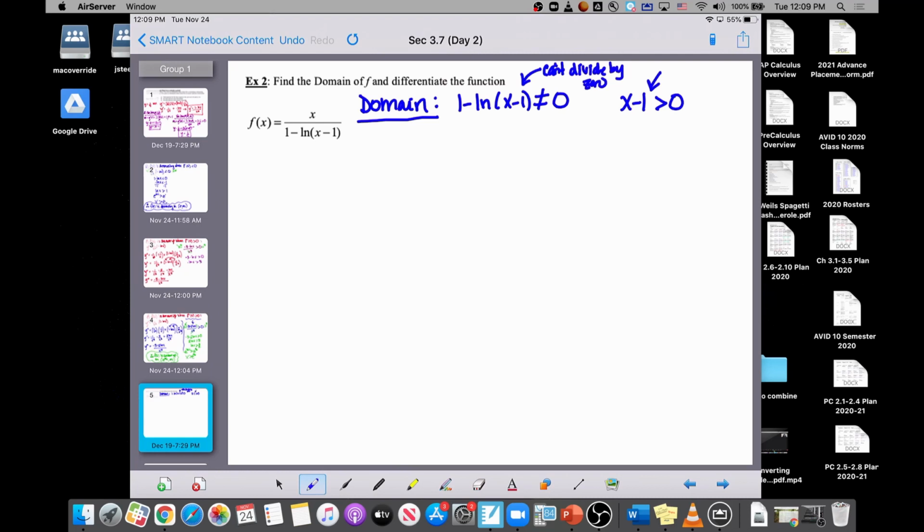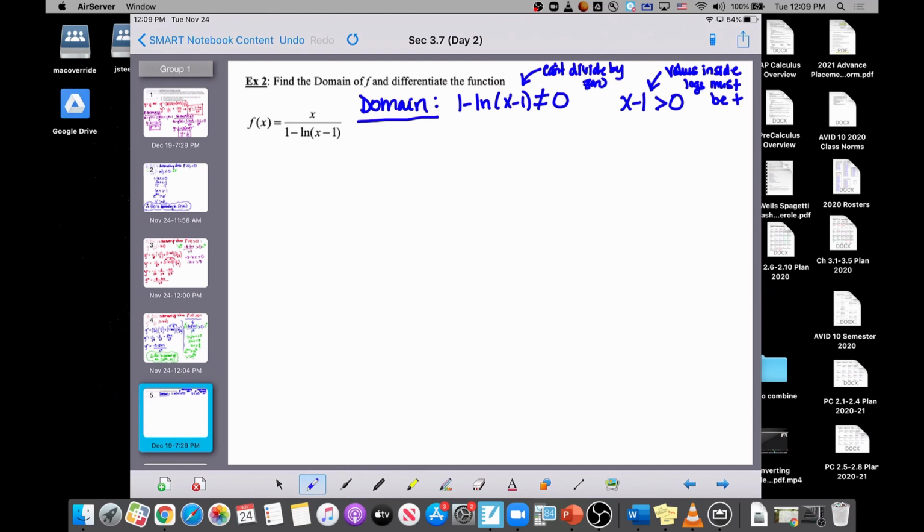And this one is because values inside logs must be positive. So let's figure out what x is allowed to be based on these two, and then we'll be able to combine them together and come up with our domain.